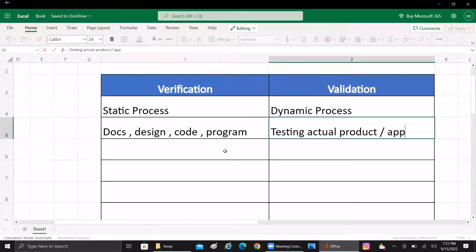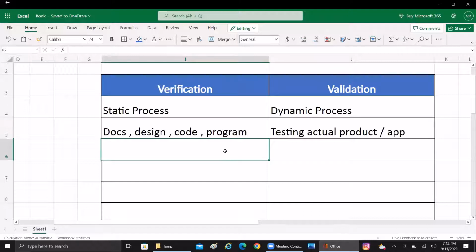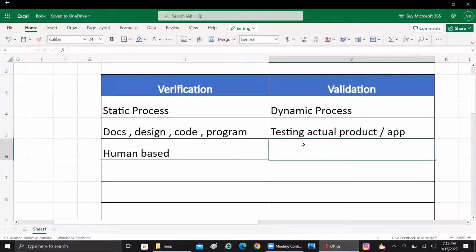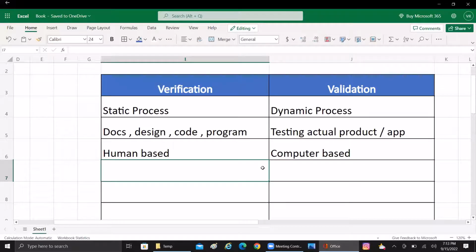So the next difference pertains to the previous one. Since it's just a checkup done in verification, it is a human-based checkup. Whereas the actual product or application will be tested by computer, so it is a computer-based process. Verification doesn't involve any execution of code.